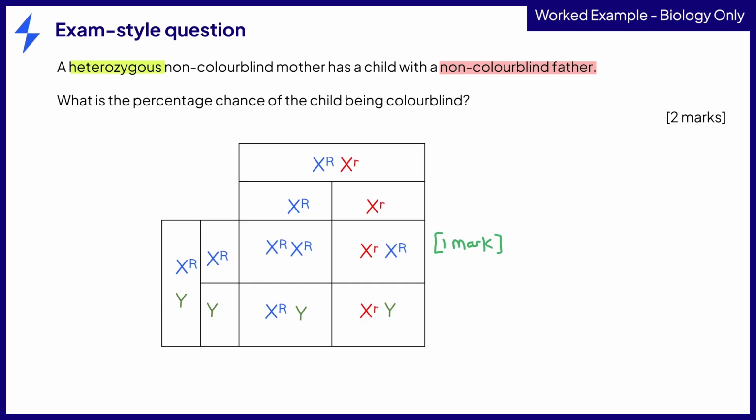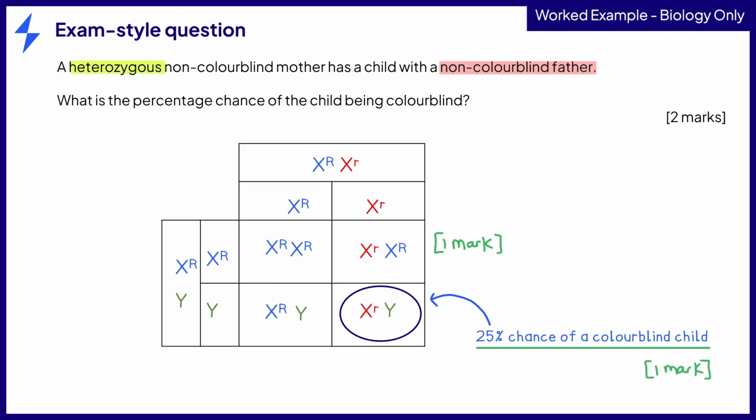We can see that they have a 25% chance of having a homozygous dominant daughter, a 25% chance of a heterozygous carrier daughter, a 25% chance of a non-colorblind son, and a 25% chance of having a colorblind son. The answer to the question is 25%.